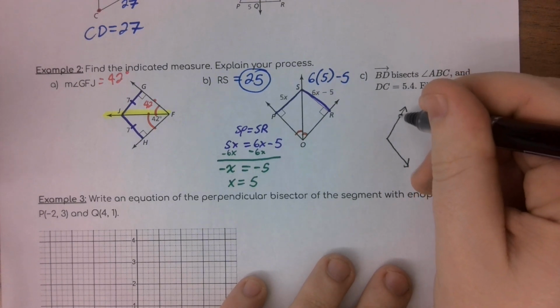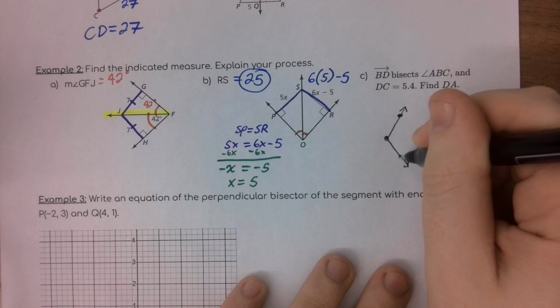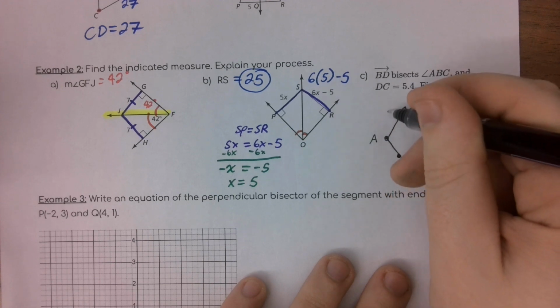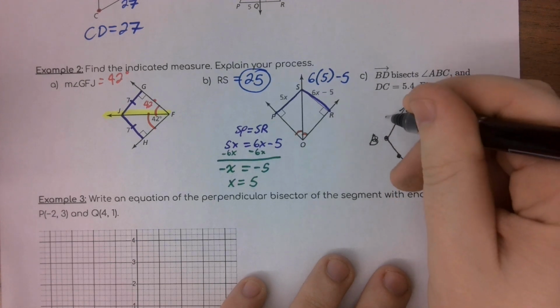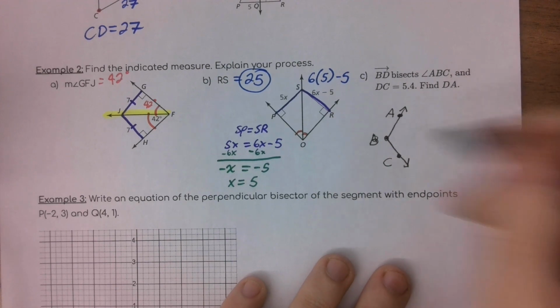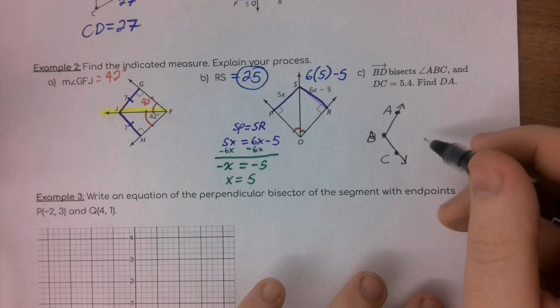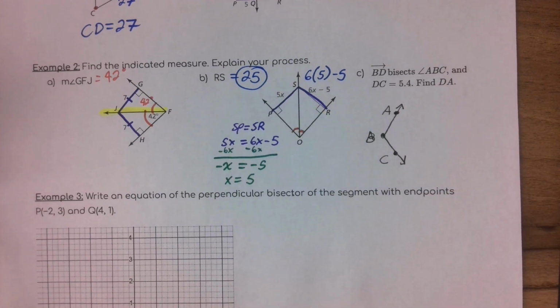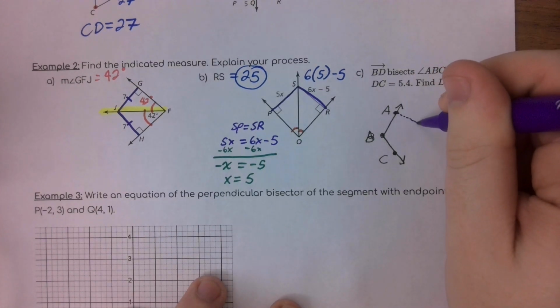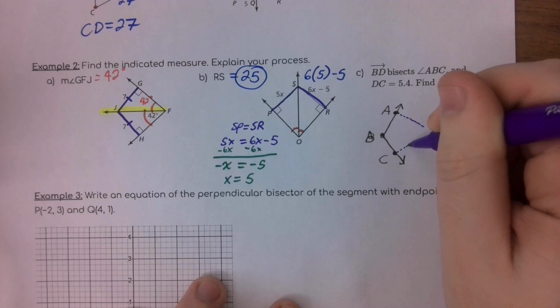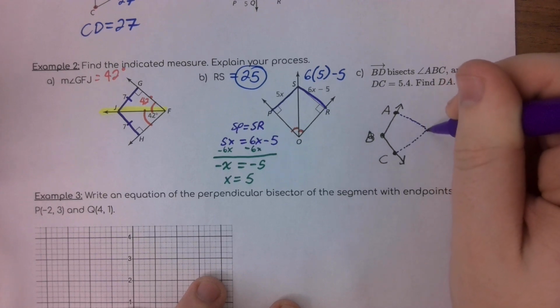If I've got an angle called ABC, that means there's a point here at A, B, and C. B's got to be the middle, because it's the middle of this. We need to make a point that is perpendicular to both A and C. So it's probably going to be right around there.